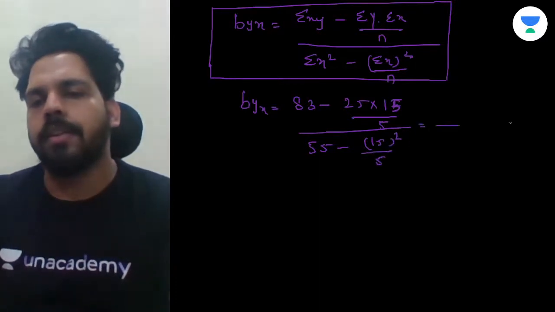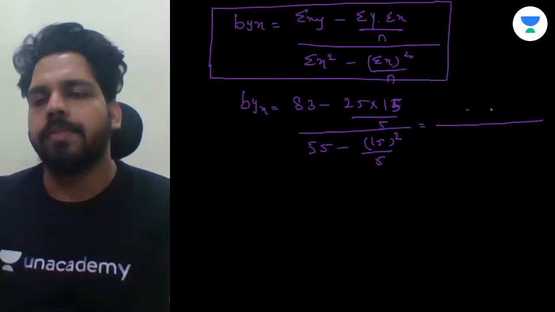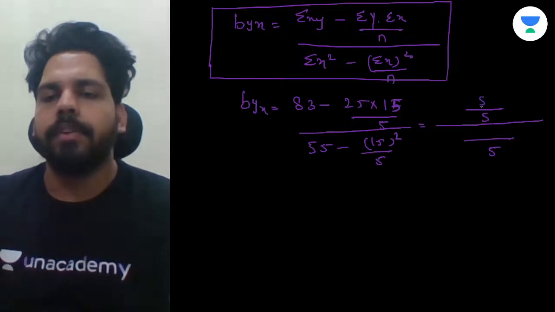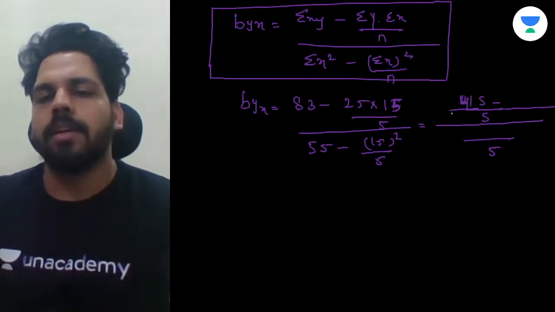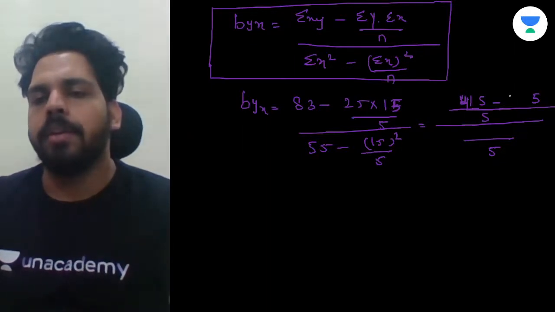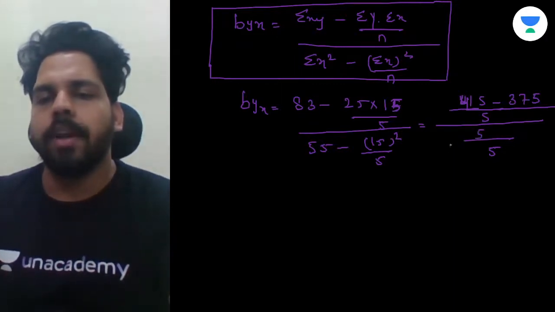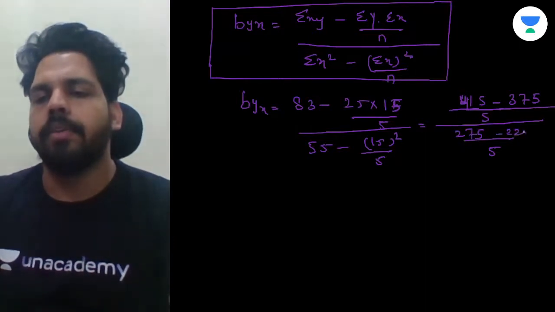So now we can solve it. Here we are taking LCM as 5 in the numerator, and here also we are taking LCM as 5. So 5 into 83 is 415, minus 25 into 15, which is 375. Then 5 into 55 is 275, minus 225.